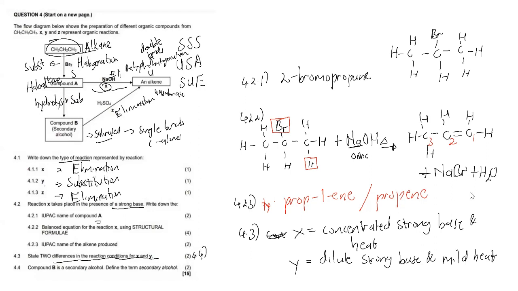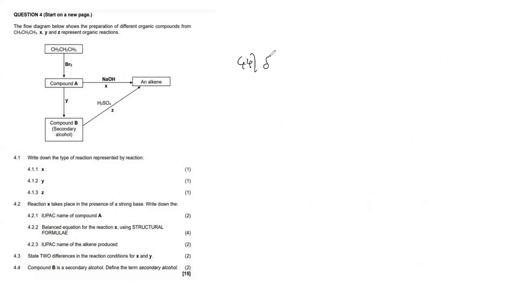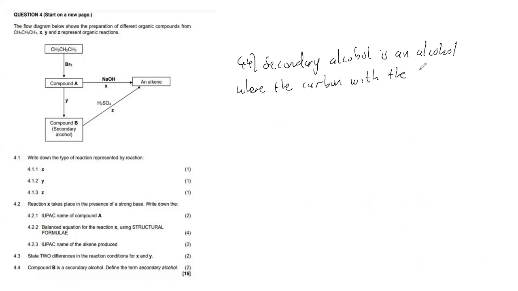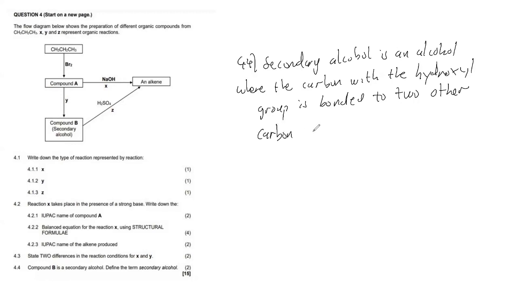Now, I'm going to say a secondary alcohol is an alcohol where the carbon with the hydroxyl group is bonded to two other carbon atoms. So that is a definition of a secondary alcohol.